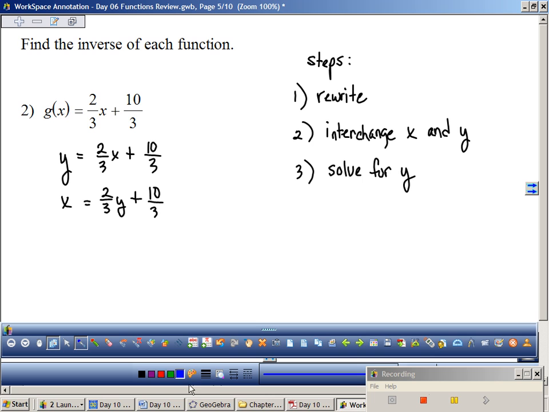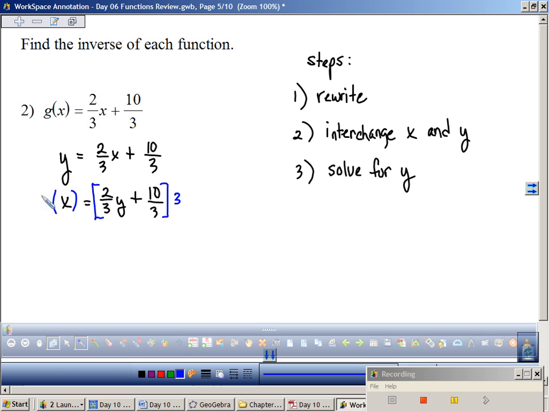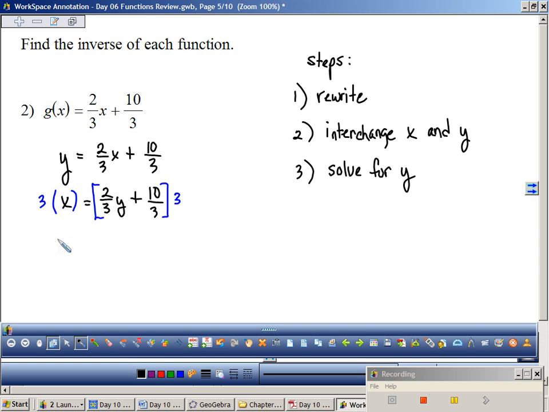How would I solve for y on this one? You think so, huh? Let's clear the denominator. Let's multiply by 3. You could have subtracted 10/3 first, but I think this is easier. So I get 3x equals 2y plus 10.